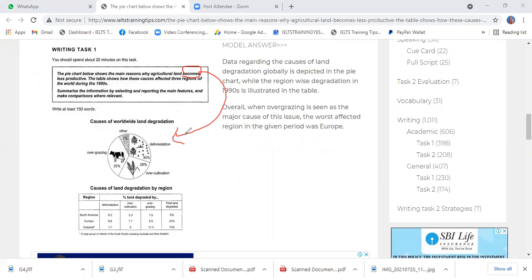What are the reasons behind the land degradation? The lands which are suitable for agricultural production, why are they becoming less productive? That's the question there. Now, I told you that this has to be written in simple present tense.